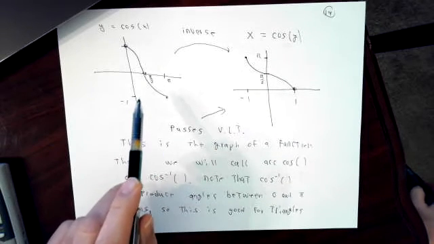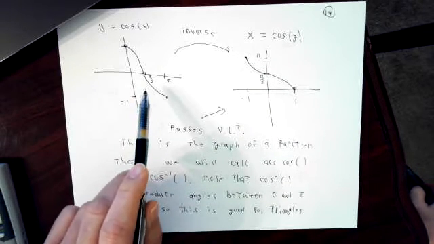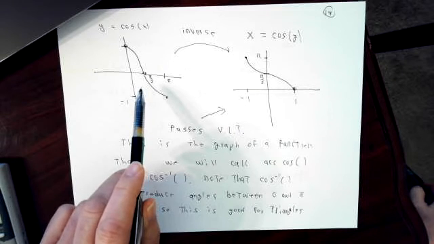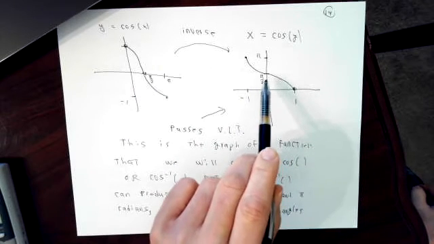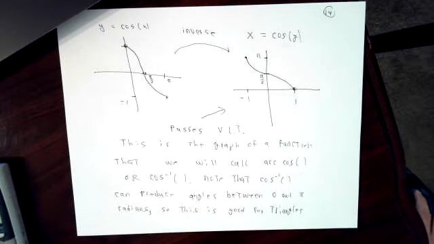There was a point on the x-axis with coordinate pi over 2, so there'll be a point on the y-axis with coordinate pi over 2. That passes the vertical line test, so it's a function. We'll call the name of that function inverse cosine or arc cosine.